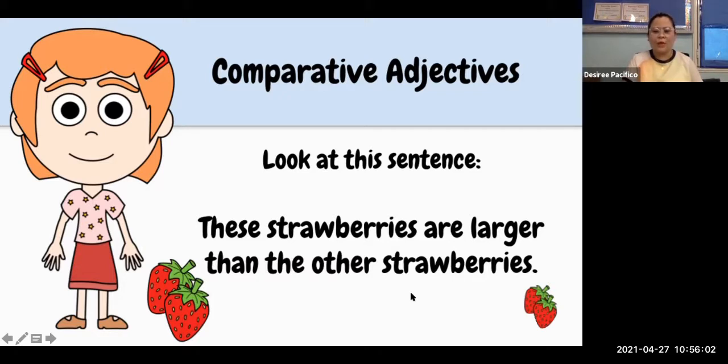Okay, now we are comparing the same nouns, strawberries, but we are comparing the sizes of the strawberries. That's why we say comparative adjectives. Now, what do you think is our adjective in this sentence?